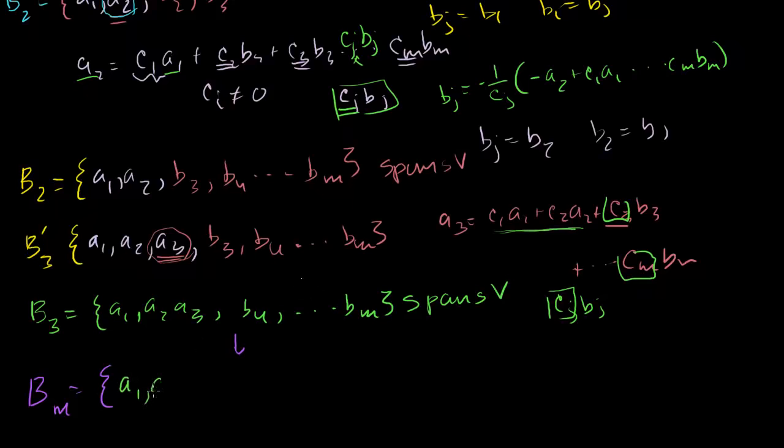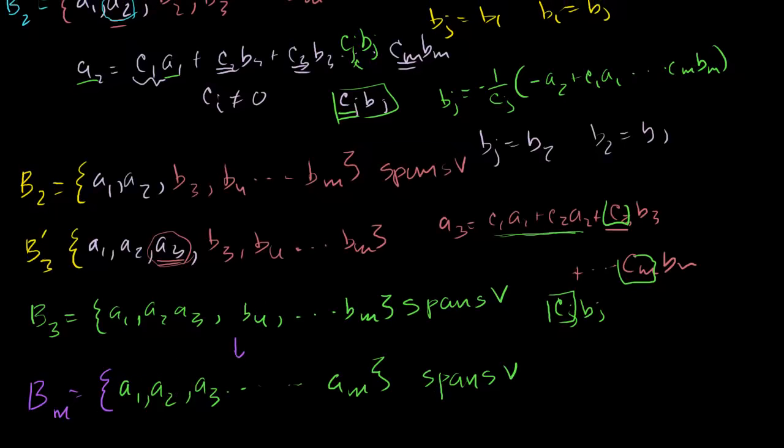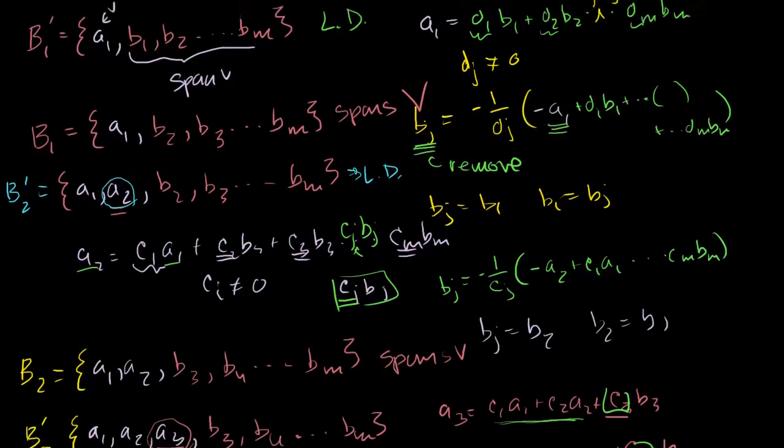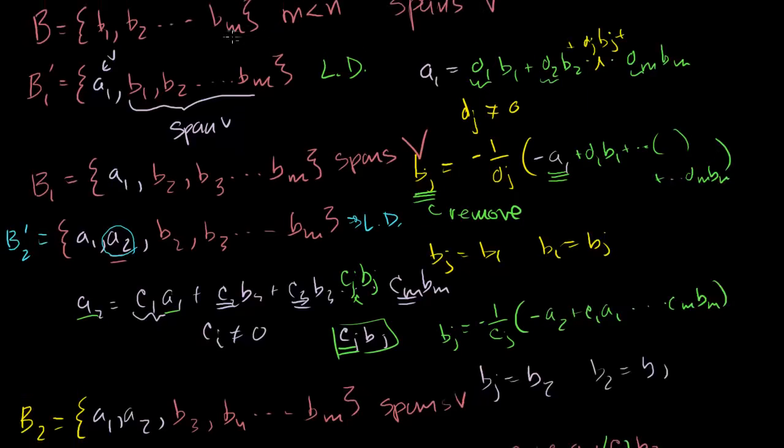So I'll have a1, a2, a3, all the way to am. You can always do this by definition if you started with that initial set b that is a spanning set. And once you do this process, you'll get the same result that this also spans v. Now, let me write this. This is the result we got by starting off with a spanning set b that has m elements where we said that m is less than n, right?